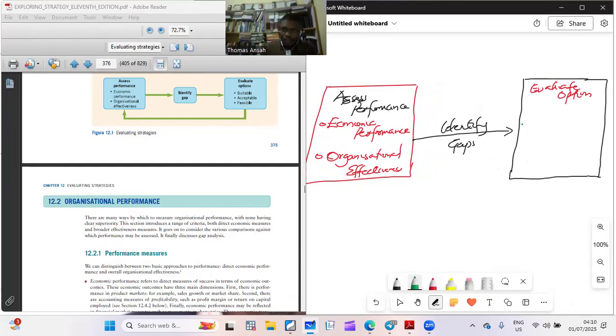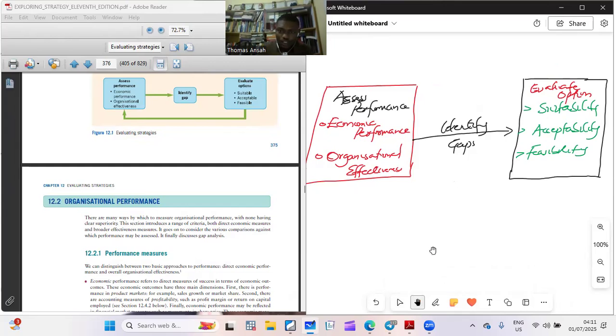And the options we have: one, suitability; two, acceptability; and three, feasibility. So this is the safe evaluation, and this is how you approach your case study.